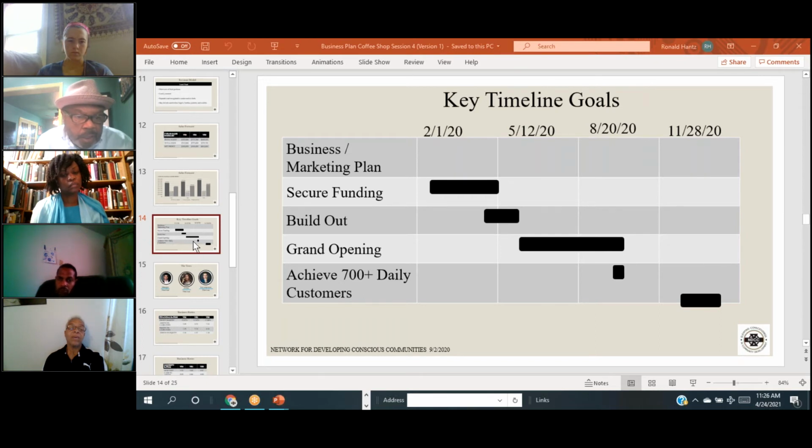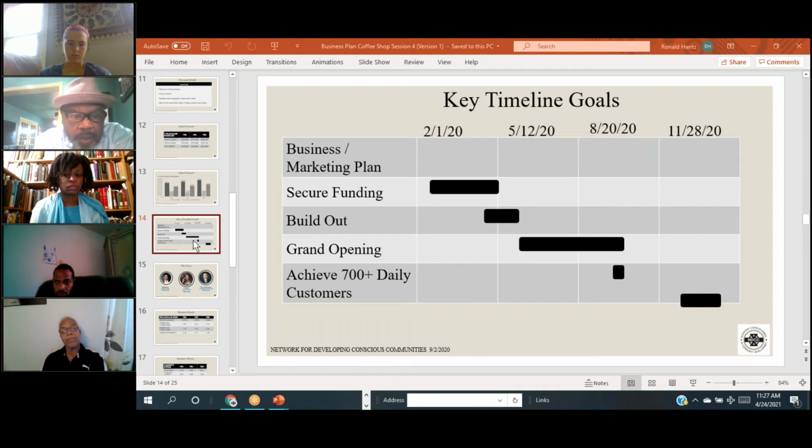All right. So timeline and goals. And this is a real important piece for planning, folks, because you want to be able to determine at what point in time will you be able to launch your business and what things you need to put in place to come above ground as a business.